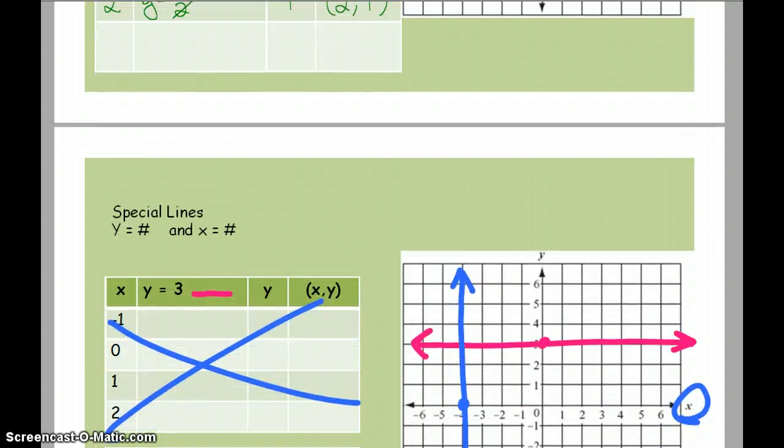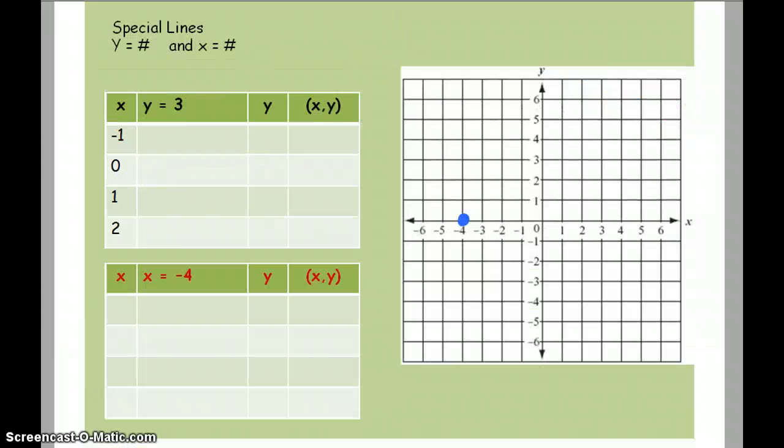Okay, now the last thing we're going to look at are special lines. That's when we have y is equal to just a plain old number or x is equal to just a plain old number. The first thing we're going to look at is y equals 3. We're going to graph this one in blue. When I see this, I could do the chart if I wanted to, but I think the chart just makes it more confusing.